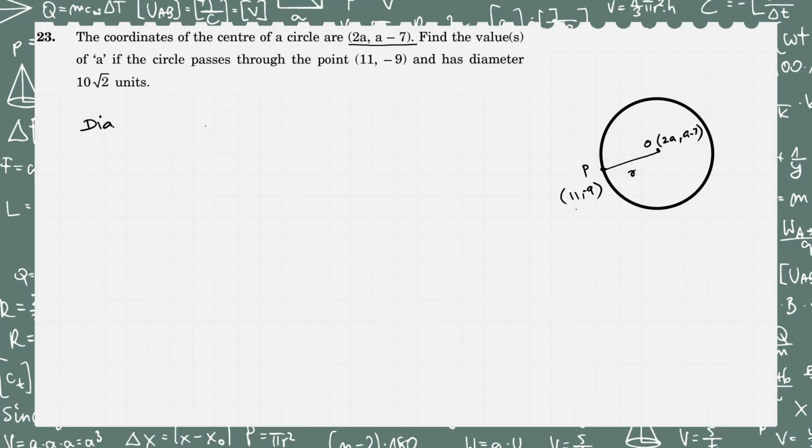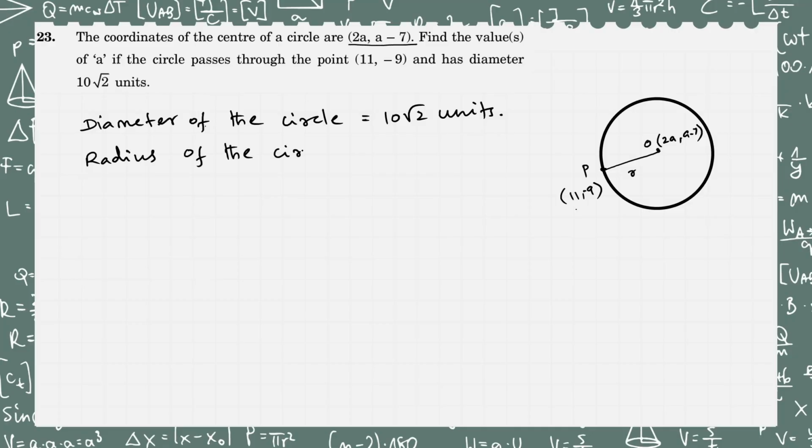So the diameter of the circle is given as 10 root 2 units. But we want the radius. Why do we need the radius? Because if we connect O and P, that should be the radius of the circle, right? So we can find the radius from this given information.